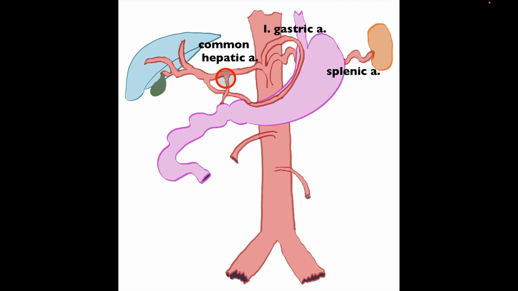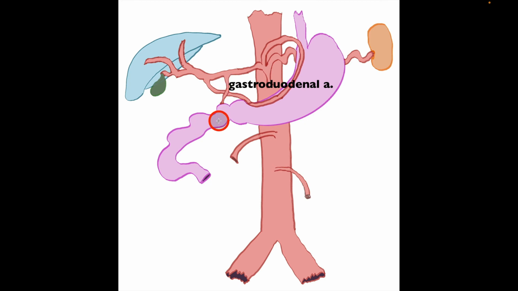Branching off the common hepatic artery, we have the gastroduodenal artery, that's going to the duodenum, pancreas, and other places within this region, and serving other branches off of the gastroduodenal artery.